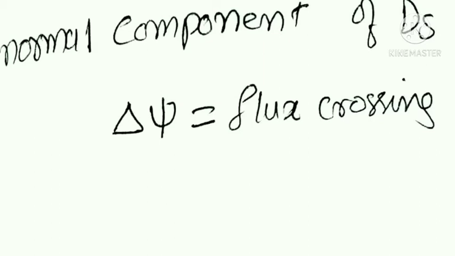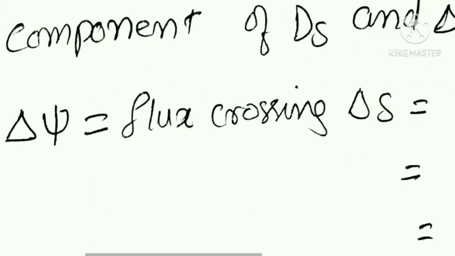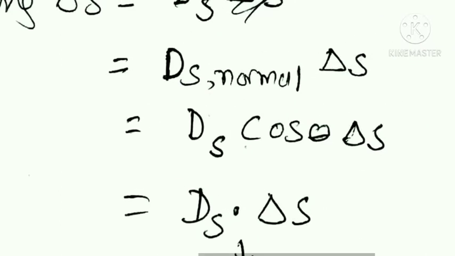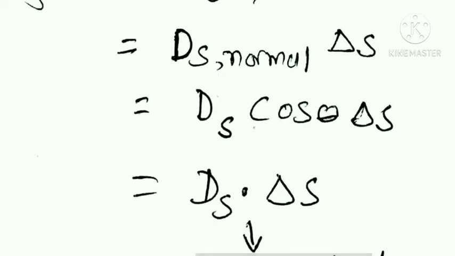So this delta psi is given by the formula: electric flux density normal to the surface times the area of the differential surface. But the electric flux density may not be normal to the surface delta S, so we will take the component of D normal to the surface.